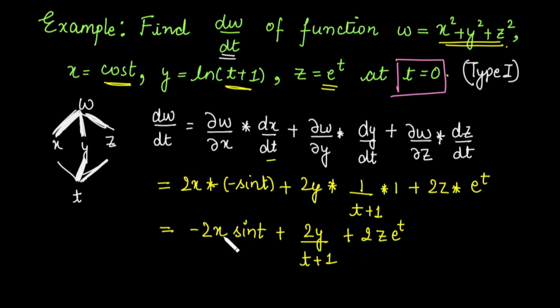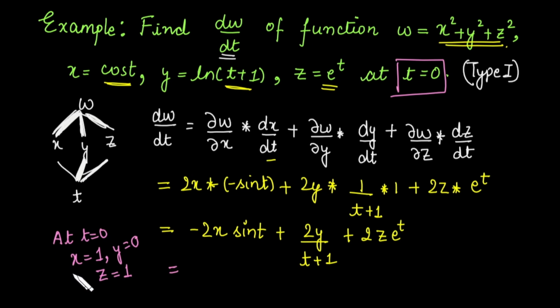What you can do, either you can substitute the value of x, y, z and after that substitute the value of t, or you can calculate at t is equal to 0. The value of x is cos 0, 1. The value of y is log of 0 plus 1, that is log 1 and log 1 is 0, and z is equal to e raised to power 0 is 1.